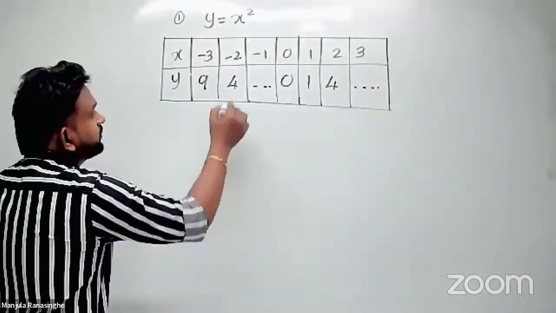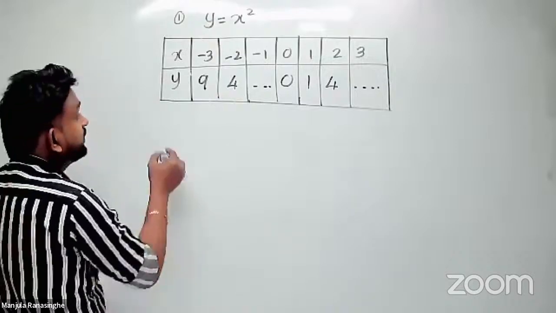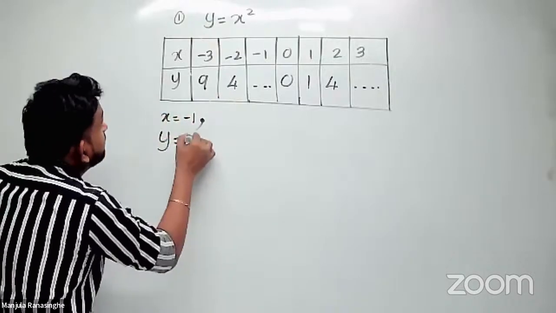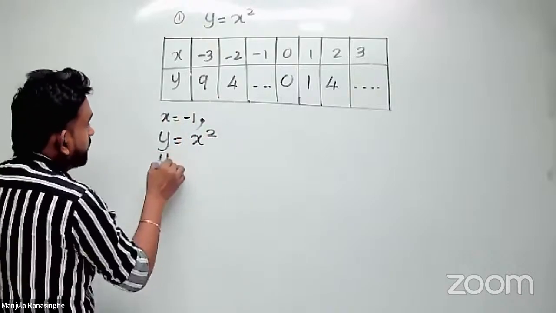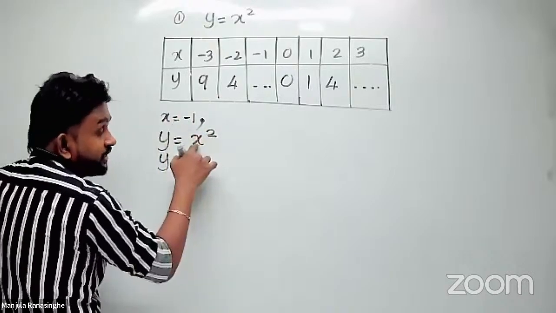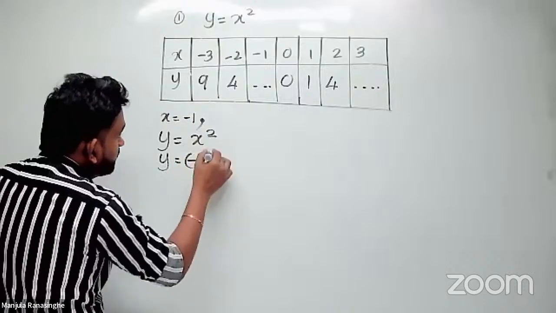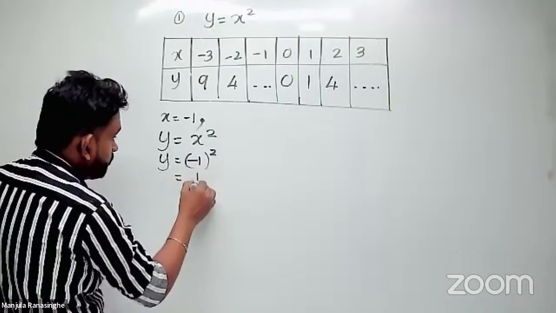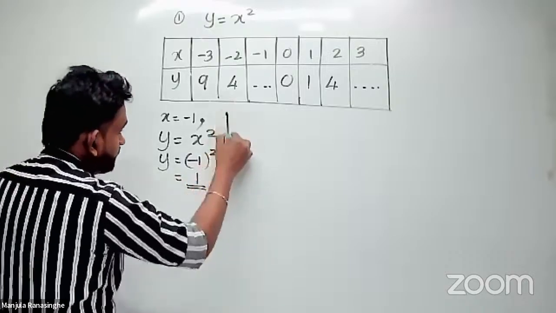So how do you find the first coordinate? When x equals -1, you take y equals x squared and substitute x as -1. -1 squared means 1, because -1 times -1 is +1.